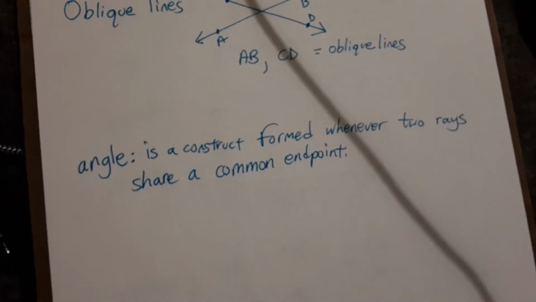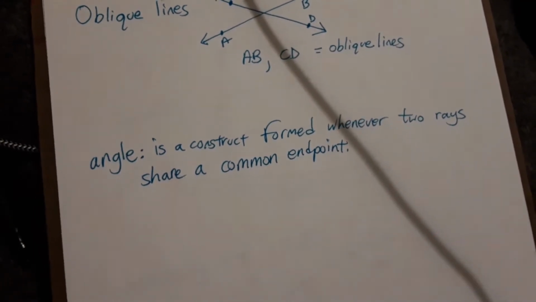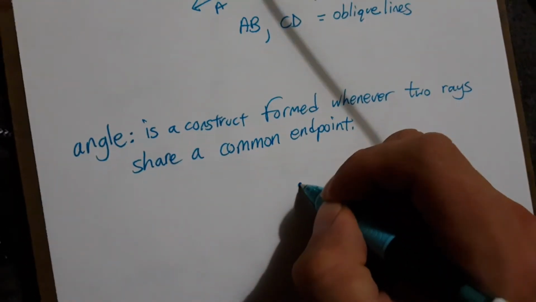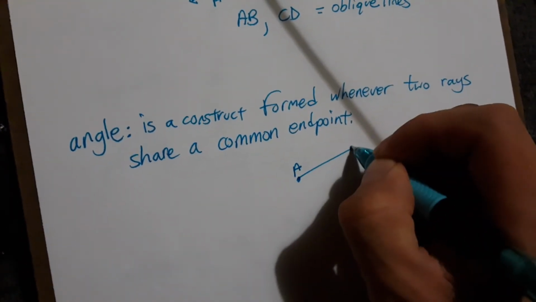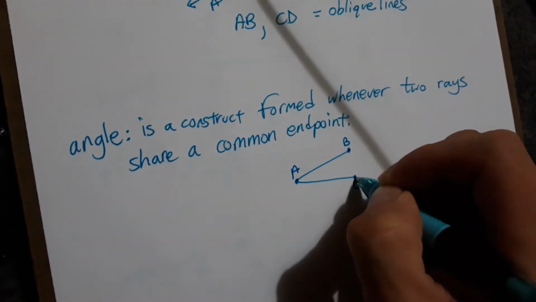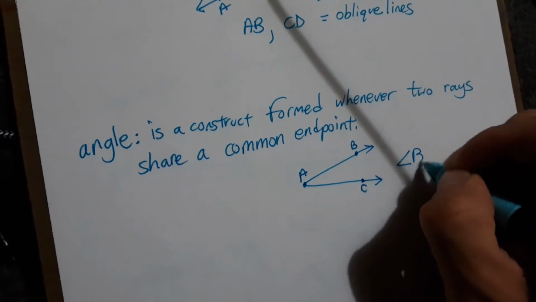Angle is a construct that's formed whenever 2 rays share a common endpoint. Okay? They could look something like this. Ray AB and ray AC create what we call angle BAC.